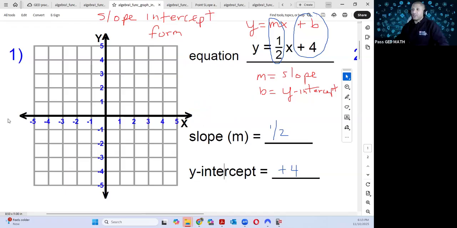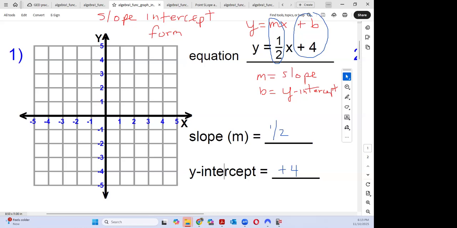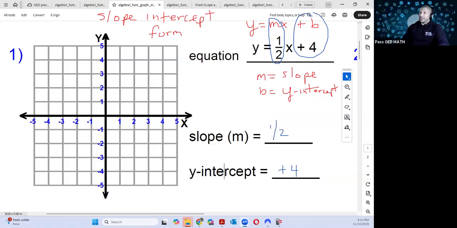Okay. So the slope of this equation is 1/2. The y-intercept is plus 4. What do I mean when I say the y-intercept? Can somebody tell me? You said m is the slope and b is the y-intercept, but what does that y-intercept tell me?